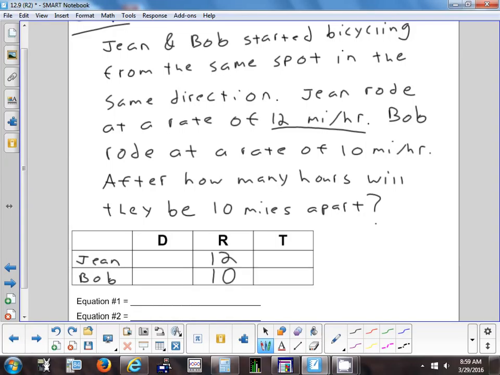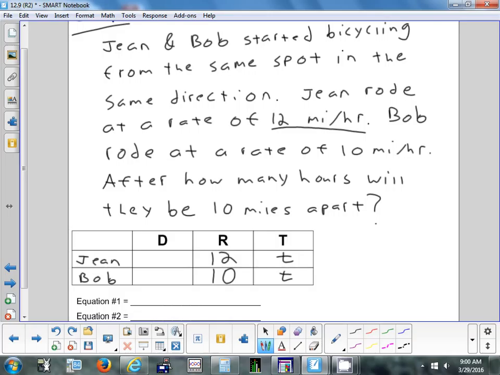Okay, so they started bicycling at the same time, and they're going to stop at the same time. So that means their times are going to be the same. Now we need their distances. Who's going to travel farther? Why is Gene going to travel farther? Yeah, because they're going faster. So they're going to end up traveling farther than the other person.